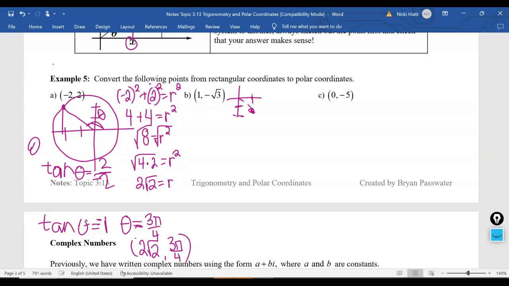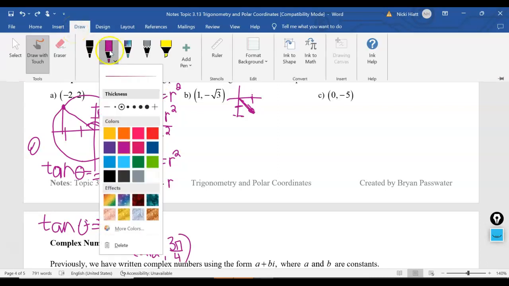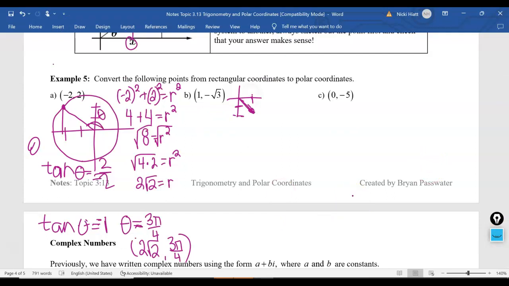When we're thinking about angles here, we're thinking about going from 0 all the way around to that angle.